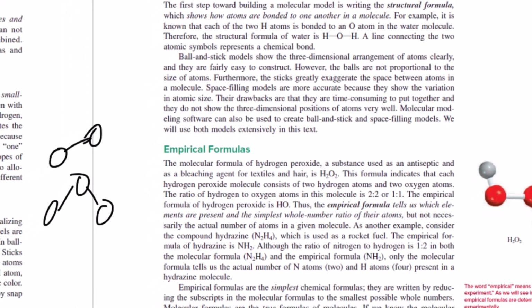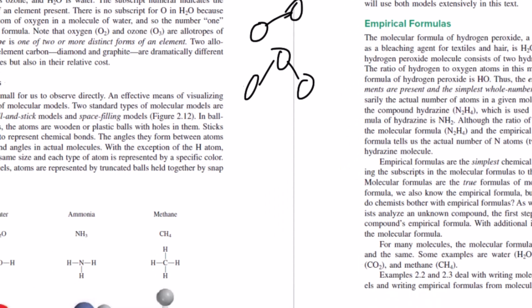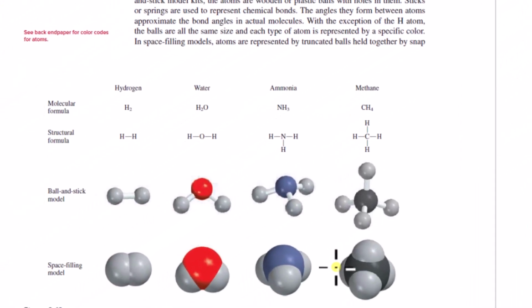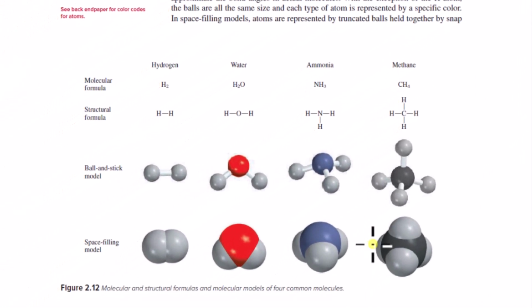So in the space-filling model, the relative size between the balls is going to be accurate to the relative size between the actual atoms. And then here you get a more accurate look at what the actual bonds in molecules are going to look like. This would be more descriptive of what an actual water molecule would look like.